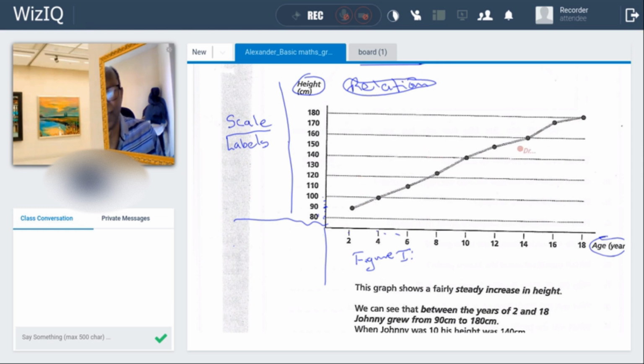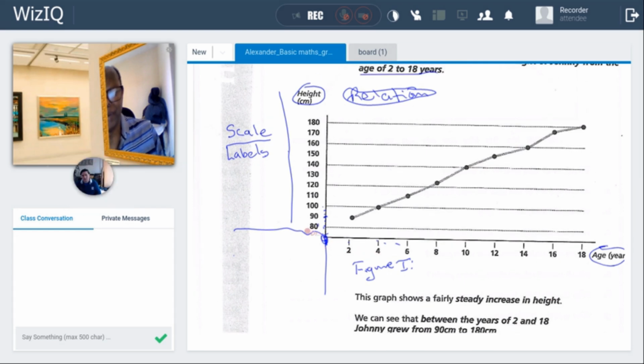As it says, this graph shows a fairly steady increase in the height. We can see that between the years, we're looking at year 2. Also, one thing, the axis shouldn't always start from 0. This one is starting from 0, but this one here is not starting from 0.